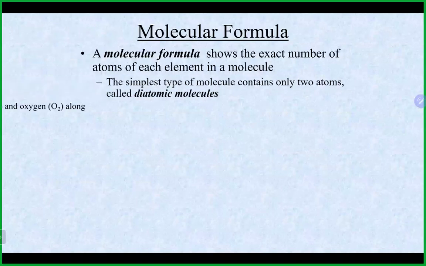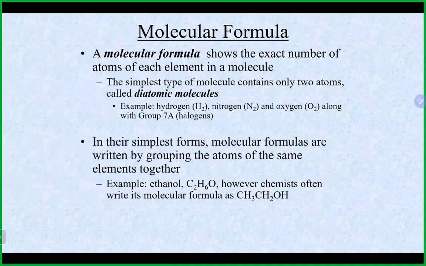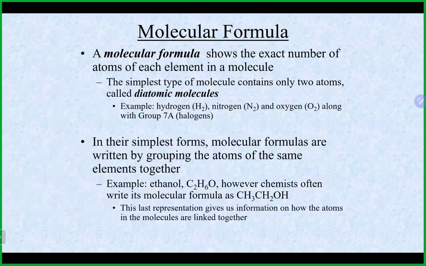So when we look at a molecular formula, the simplest molecular formulas that we have come across are those diatomic molecules, like N2 or H2, because they only have 2 things present. Now, if we look at ethanol like we were just looking at, we see the 2 different formulas down there.